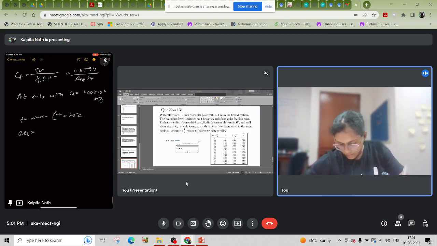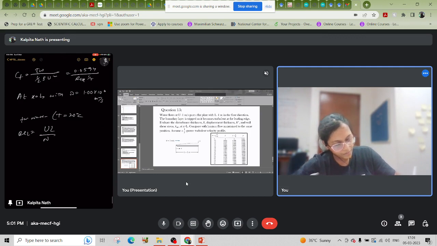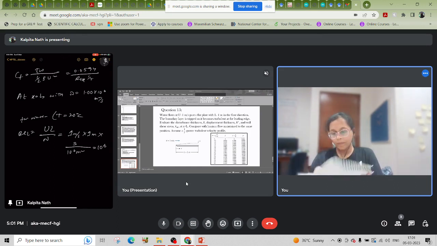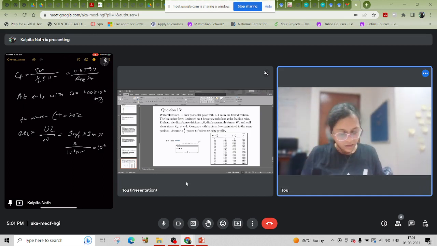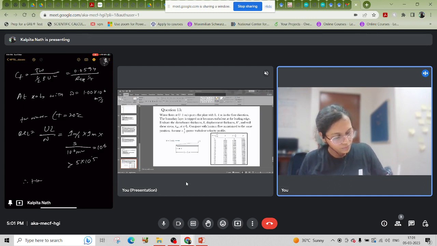Therefore, Reynolds number is UL by nu, that is 1 meter per second times 1 meter divided by 10 to the power minus 6 meter square per second, which is 10 to the power 6. So 10 to the power 6 is greater than 5 into 10 to the power 5. Therefore, the flow is turbulent.